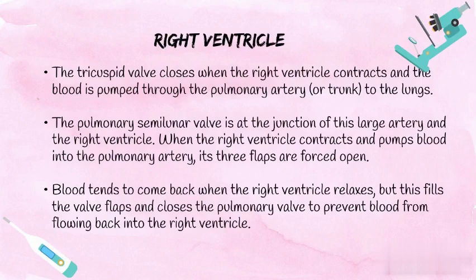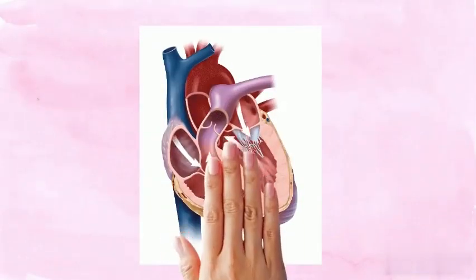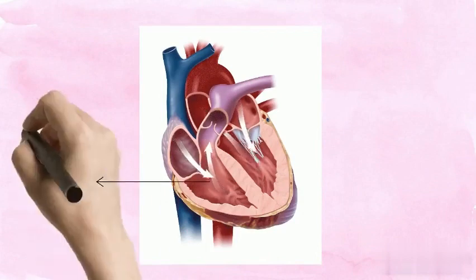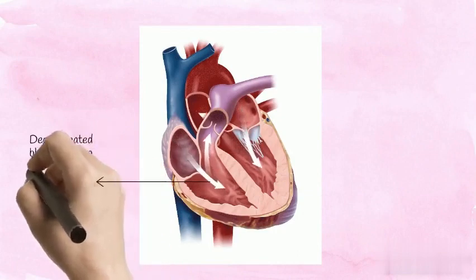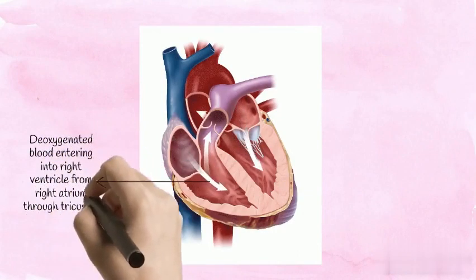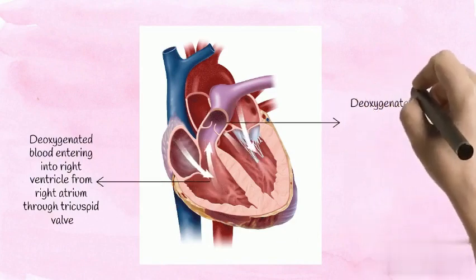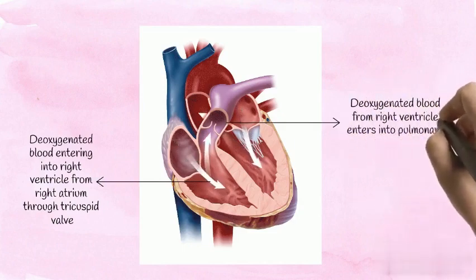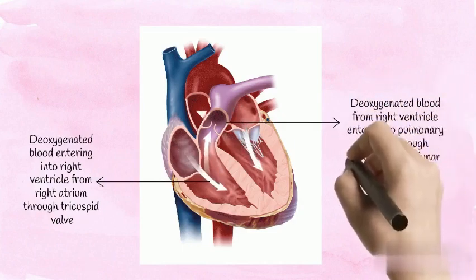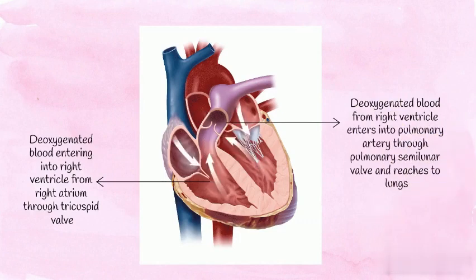Blood tends to come back when the ventricle relaxes, but this fills the valve flaps and closes the pulmonary valve to prevent the blood from flowing back into the right ventricle. Deoxygenated blood entering into the right ventricle from the right atrium through the tricuspid valve. Deoxygenated blood from the right ventricle enters the pulmonary artery through the pulmonary semilunar valve and reaches the lungs.